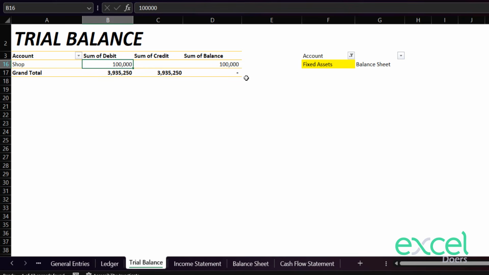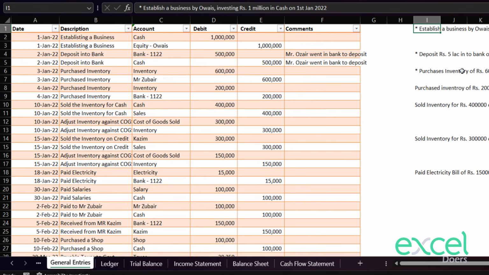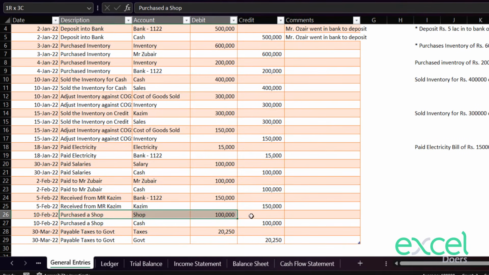We don't have to see the final balance. So in the start of the business we did not have any shop, but we have purchased the shop here. You can see we have purchased the shop here by cash.